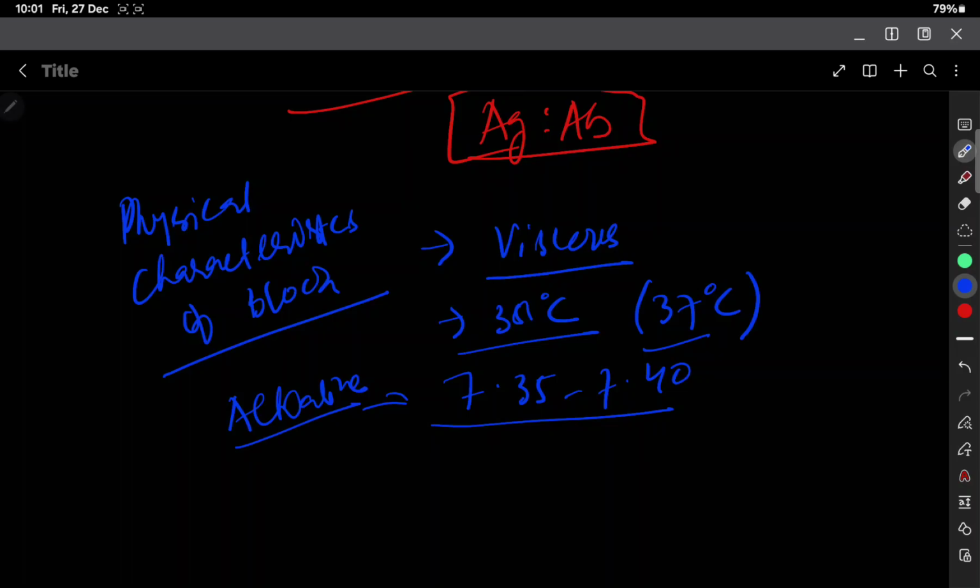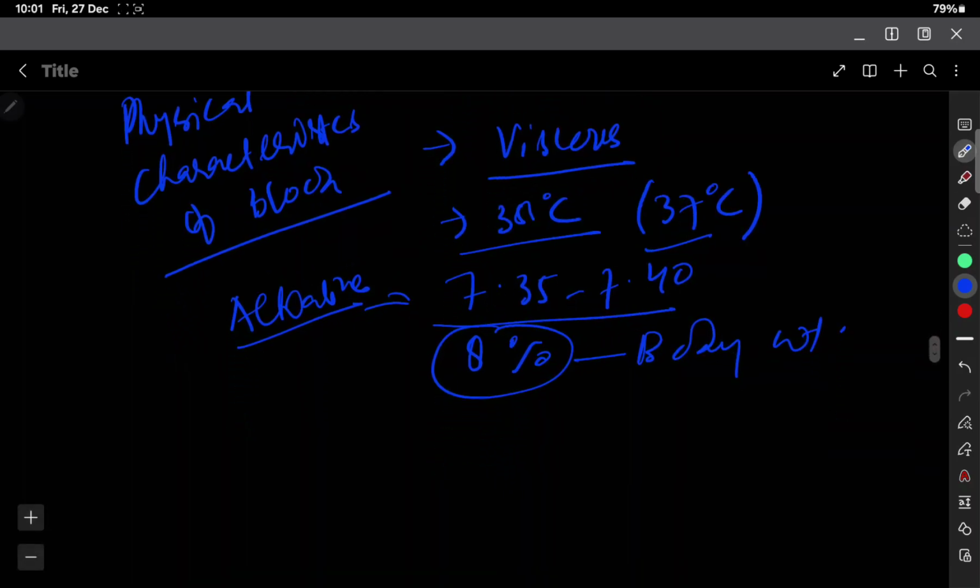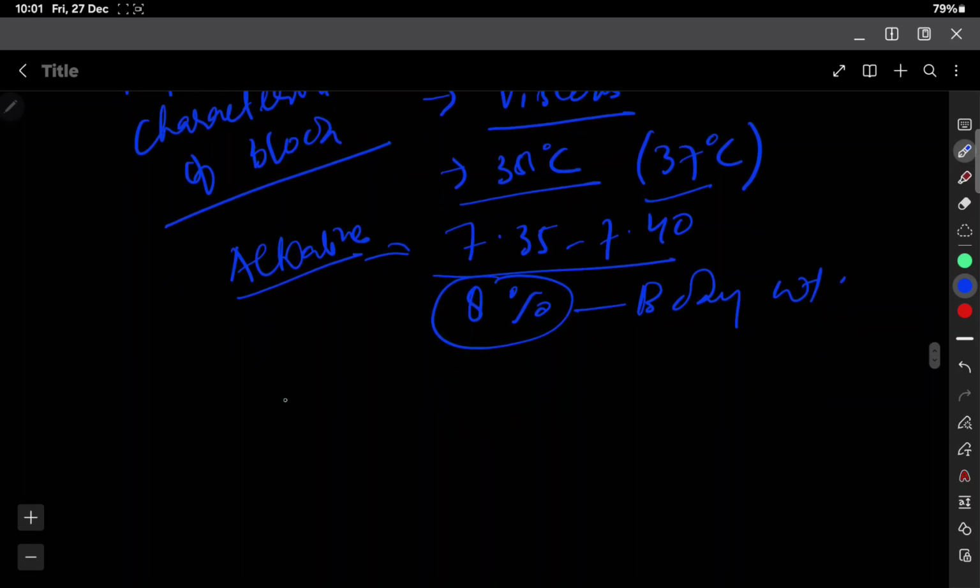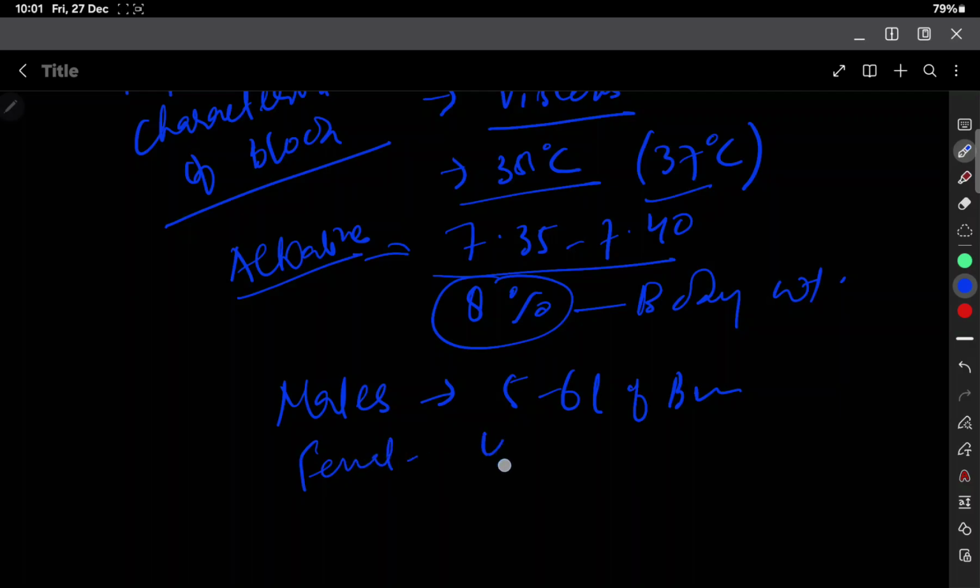It occupies 8% of the body weight. According to average size, adult males contain almost 5 to 6 liters of blood, and females contain almost 4 to 5 liters. That's about the males and the females.